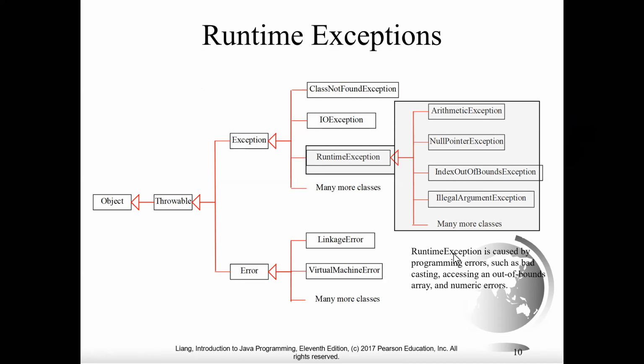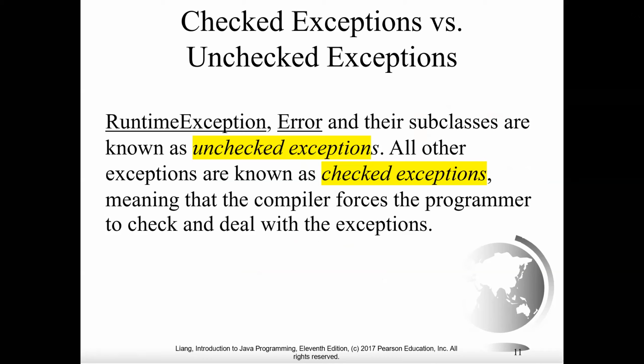And RuntimeException, I already explained, is caused by programming errors, sometimes errors that you didn't pay attention to. And these two types we also explained: RuntimeException and Error. RuntimeException is under Exception.